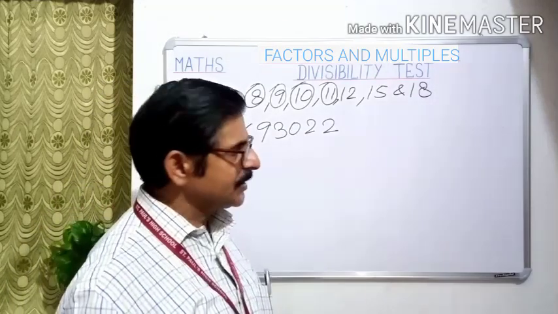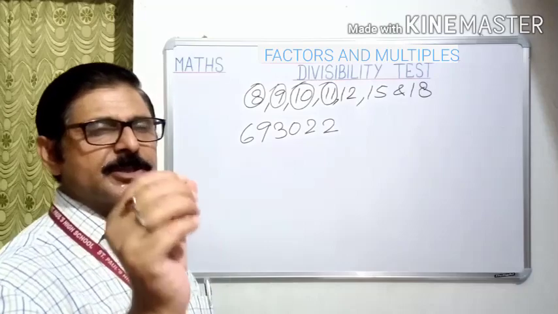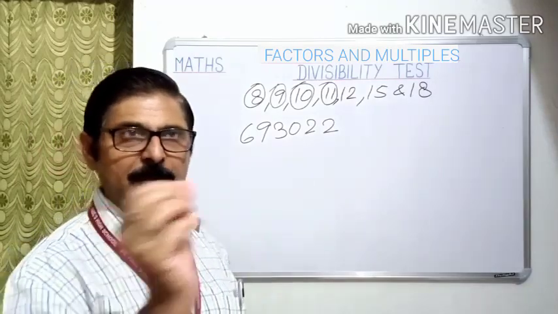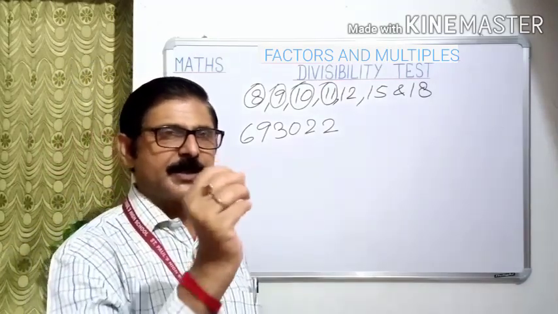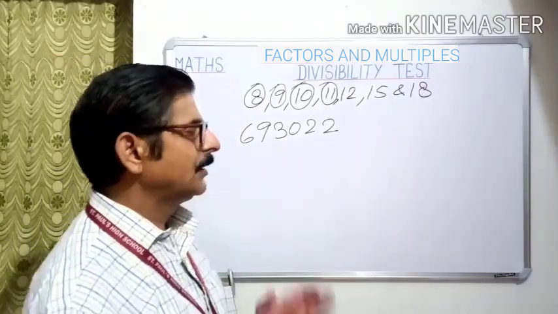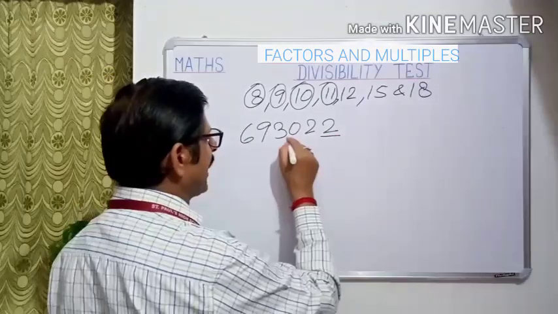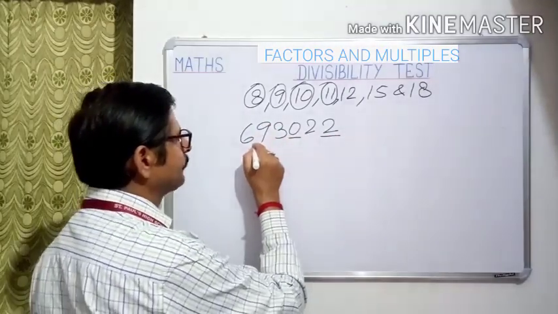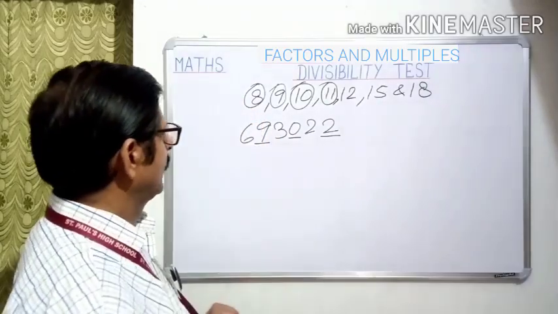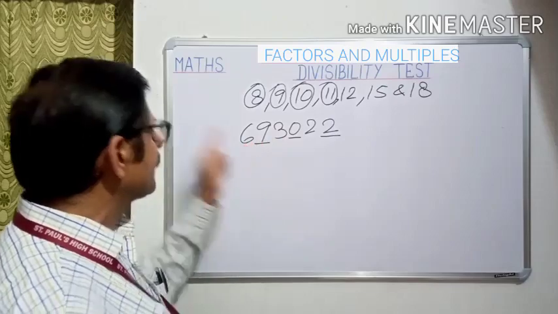A number is divisible by 11 if the difference of the sums of its digits at odd places and the sum of the digits at its even places.